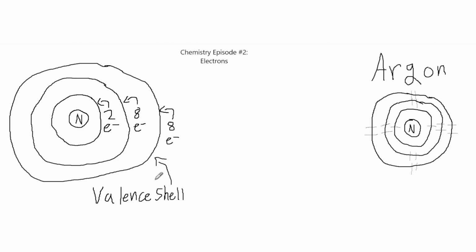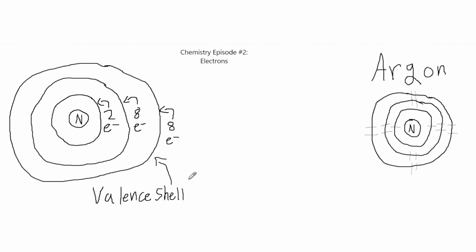The valence shell is just the outermost shell of an atom. So, for example, for argon, the outermost shell will be the third shell, because it has 3 shells, right? So the third shell would be the outermost shell. Now, all elements want to do is complete their valence shell.